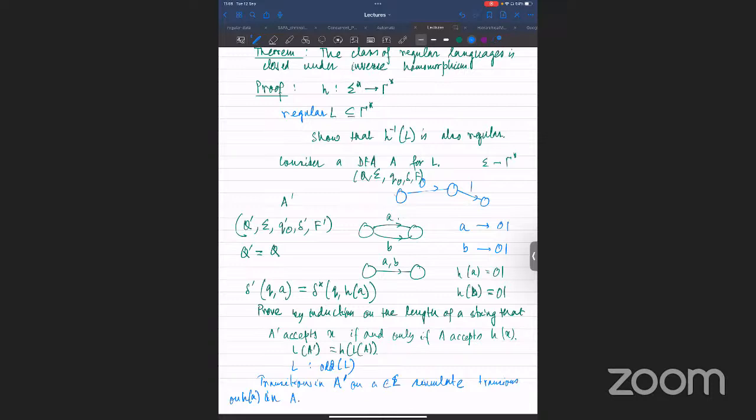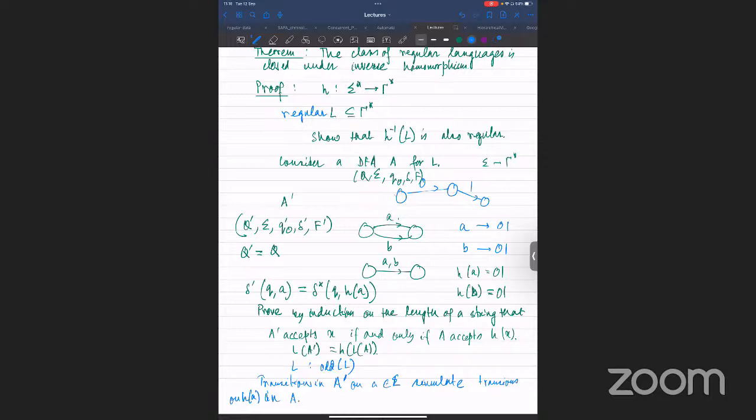Clear? So you try it out a bit. I'm leaving the proof now because we have done similar proofs by induction several times, but if you are not convinced, then try to do the proof yourself, and it will convince you, right? Or try some examples; you'll find some examples in some book. I'm also giving references to the textbooks on the course homepage where you can study it from. So if you're given a regular language, try to get its inverse homomorphic image and construct the automaton with this procedure.